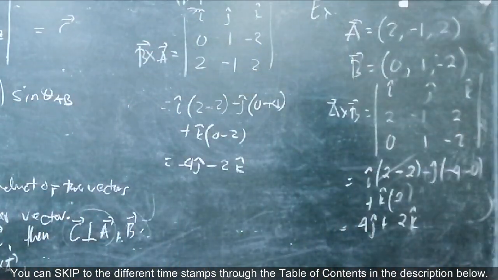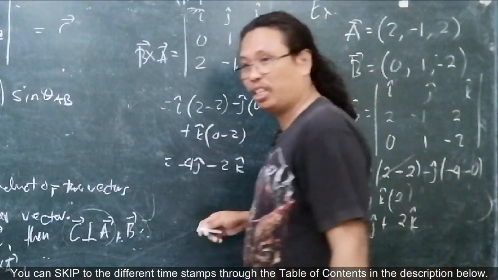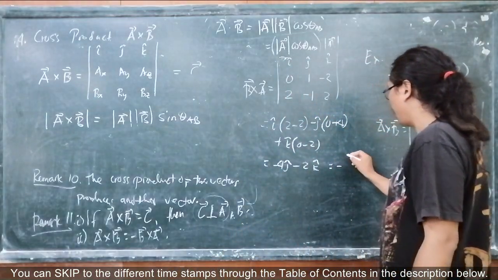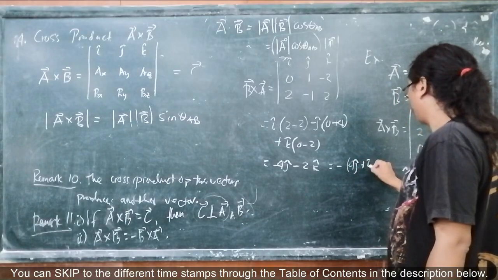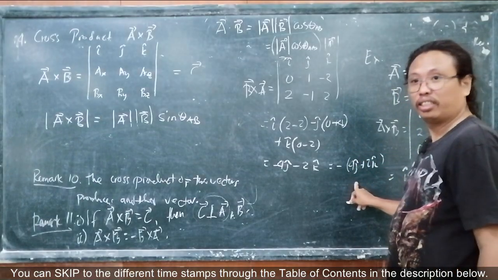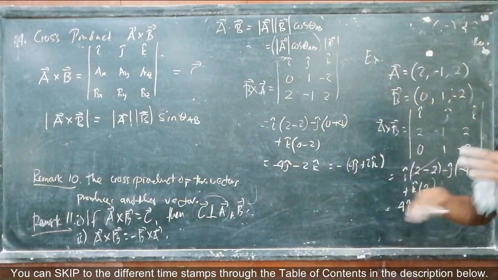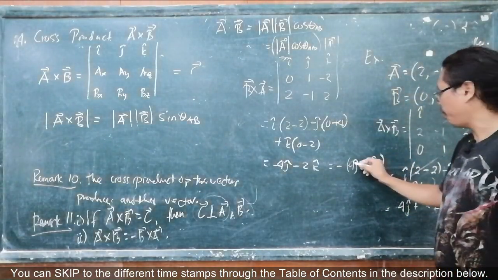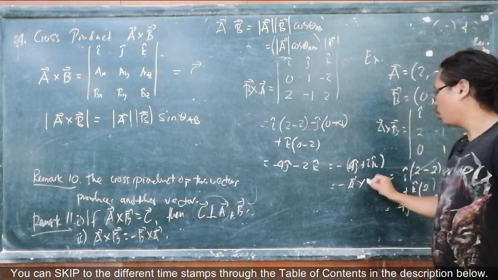We have verified that property, right? A cross B is negative B cross A, which is just equal to the negative of 4j plus 2k. You have to change the sign of the vector. So this is just negative A cross B.